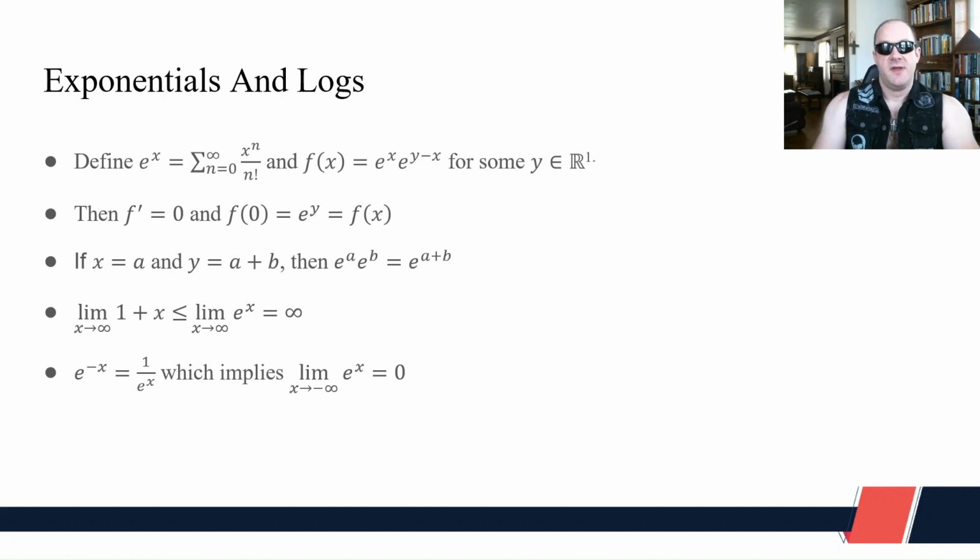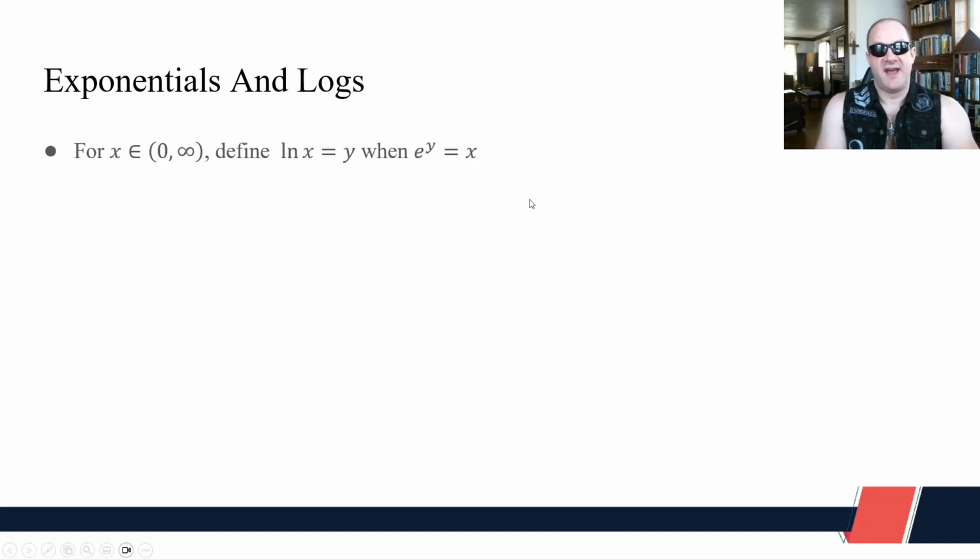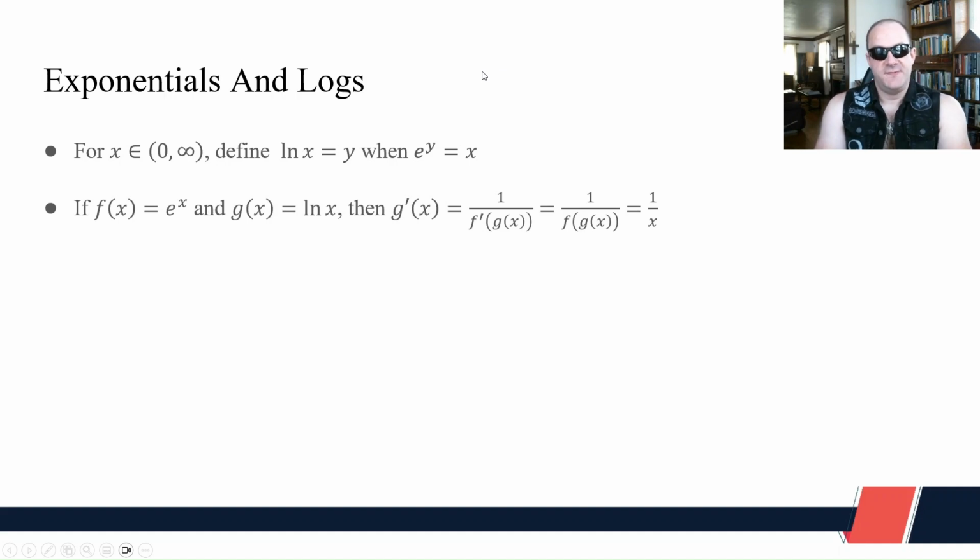And moreover, because it's all positive reals, and it's its own derivative, it is therefore increasing and 1 to 1, which means that it has an inverse, which we define to be the natural logarithm. So, the natural logarithm is simply defined as natural log of x equals y when e to the y equals x. All well and good.